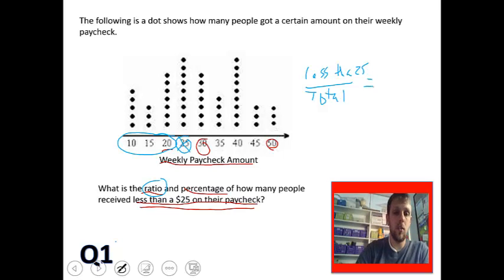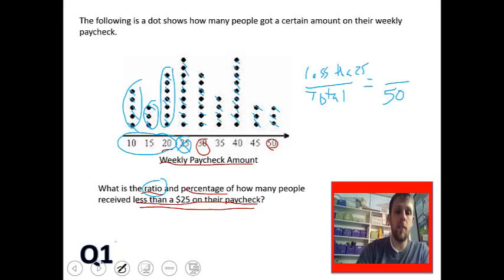So the total is 1, 2, 3, 4, 5, 6, 7, 8, 9, 10, 11, 12, 13, 14, 15, 16, 17, 18, 19, 20, 21, 22, 23. I got 50. So the total is 50. And less than 25, there are 5 right here, 6, 7, 8, 9, 10, 11, 12, 13, 14, 15. I got 15 people who have less than a 25.